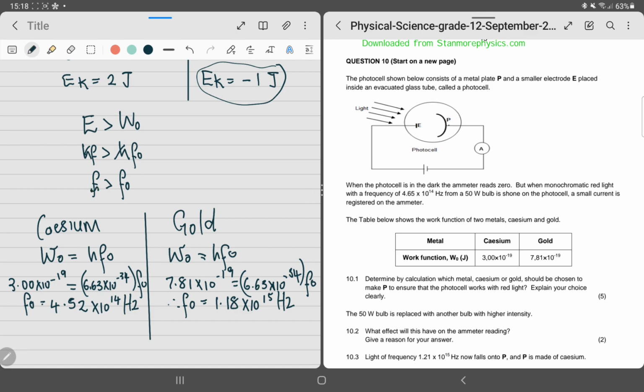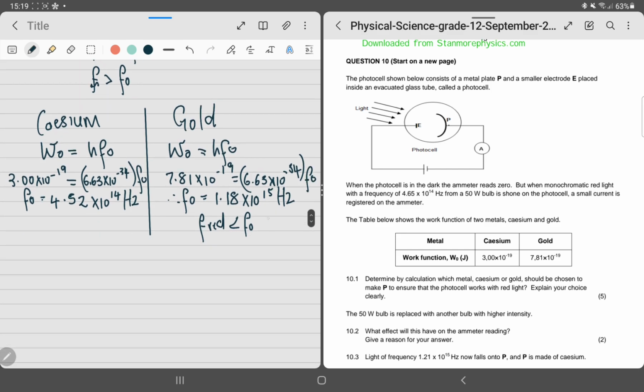We said the frequency of light should be greater than the threshold frequency of the metal in order for us to experience the photoelectric effect. The frequency of the red light that we are given has an exponent of 14, but that of gold is 15. So here, the frequency of the red light is less than the threshold frequency of gold. So there's no photoelectric effect.